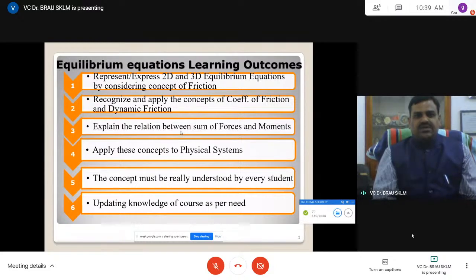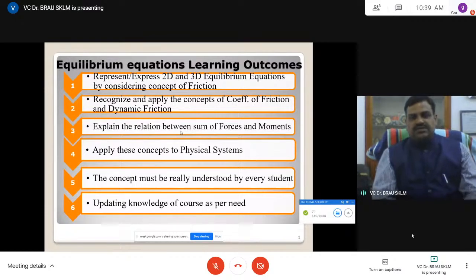Explain the relation between sum of forces and moment. The same thing what we have done yesterday, that part is not changing, that is same. Whatever the force we are going to incorporate, whatever the moment we are going to incorporate, the basic analogy or a philosophy or a basic equation doesn't change.